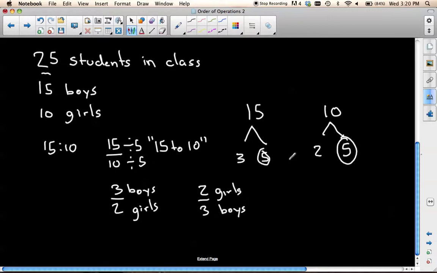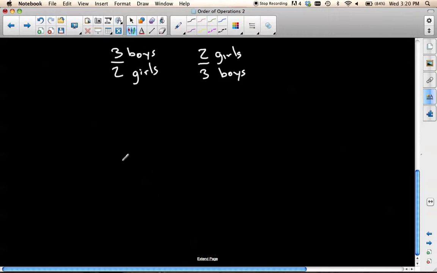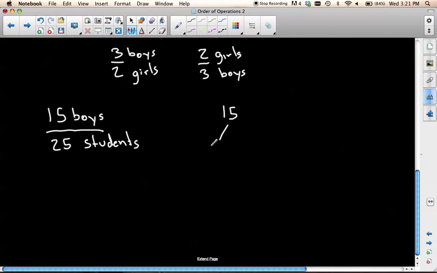Now what if I wanted to come up with another ratio? What if I want to know how many boys there were to students in the entire class? There are 15 boys in the class and 25 students. I would do the same thing and use prime factorization to reduce this. 15 can be factored as 3 times 5, and 25 as 5 times 5.